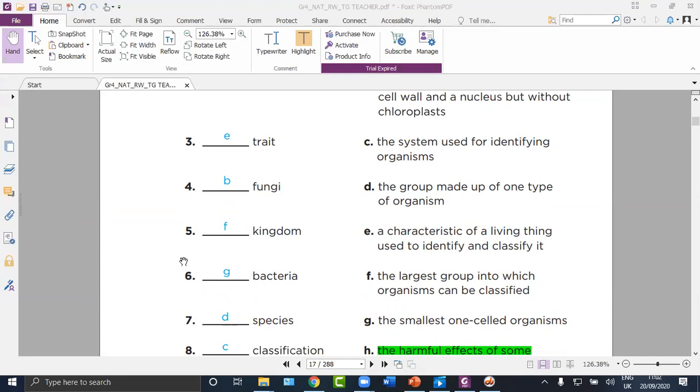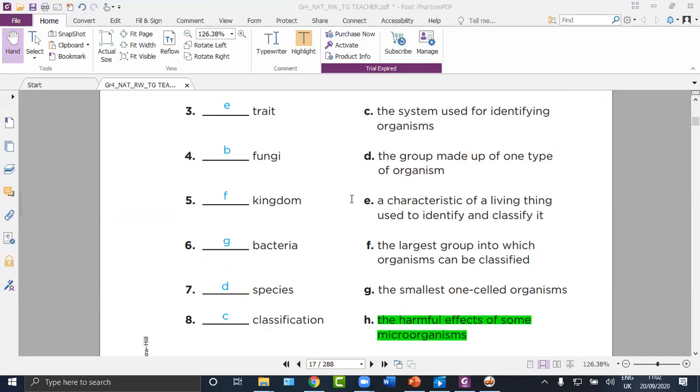Ahmad Al-Tayyib. Number 3. Trait. Characteristic of living things used to identify and classify it. Yes. Number 4.